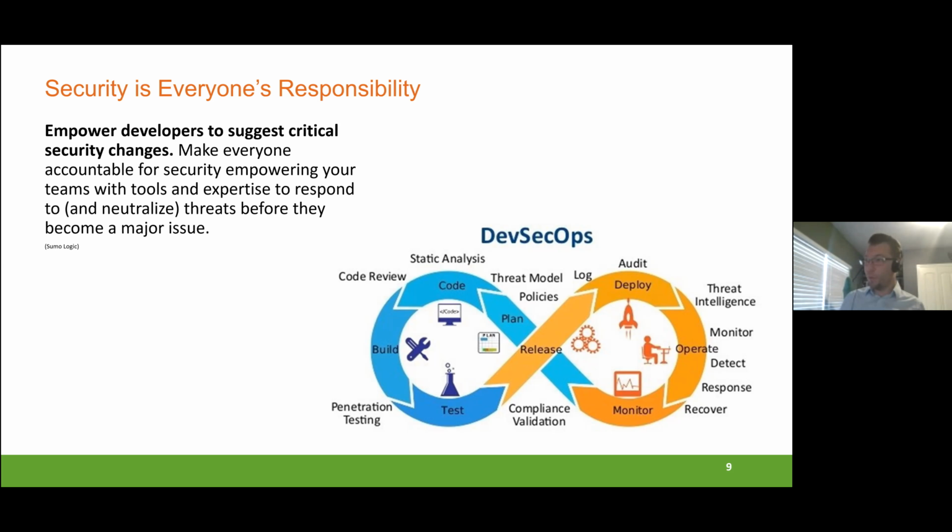As you can see throughout the whole model, whether it's on the ops side with administration tasks for the infrastructure or monitoring, or within the development side of things, in the planning, the coding, building and testing, empowering each of the roles that contribute to those phases to own a piece of the security within the business is pretty key in making them care about it, or encouraging them to care about it.